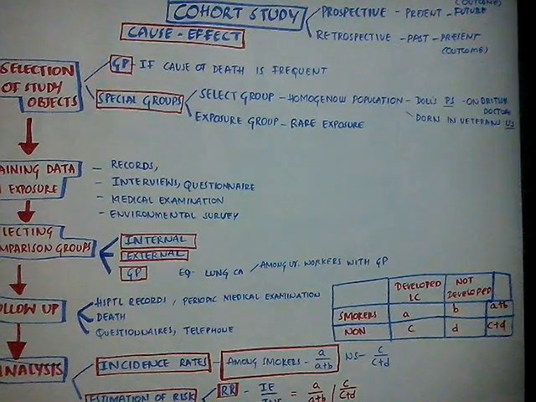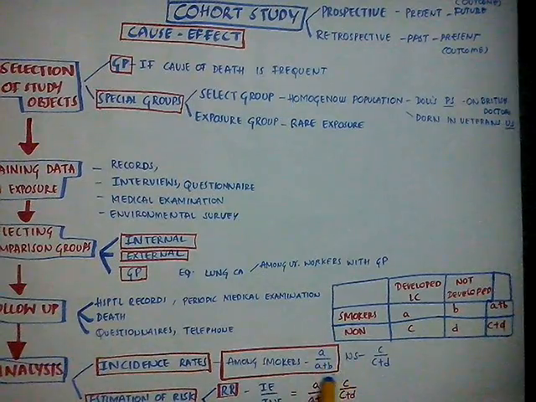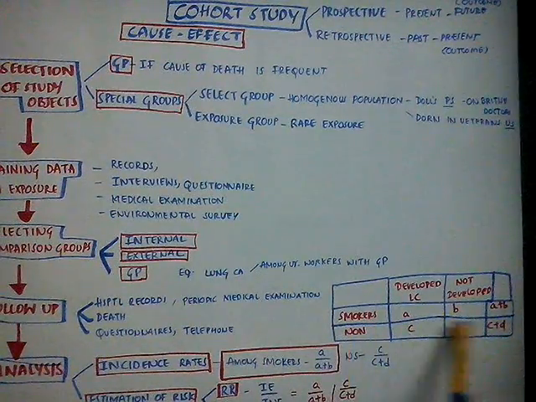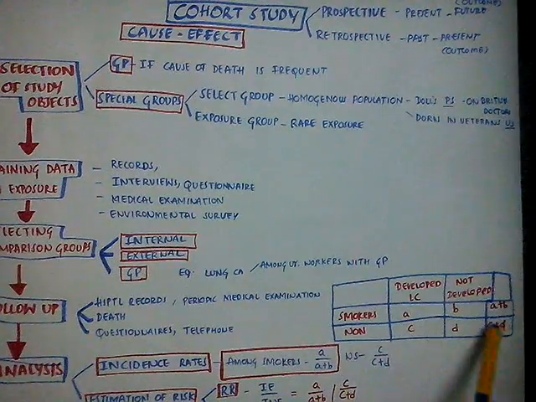Incidence is number of new cases by population at risk. So among smokers, the number of new cases is A by total number of population at risk. These smokers are at risk, so A by A plus B. Whereas in non-smokers, it is number of new cases C by total number of population at risk, that is C by C plus D.